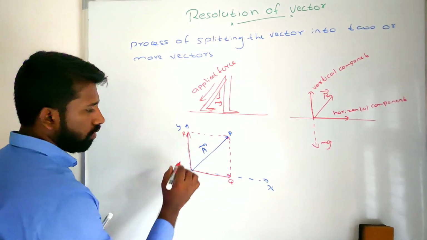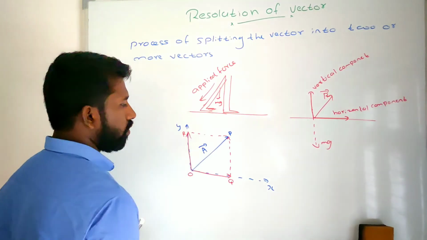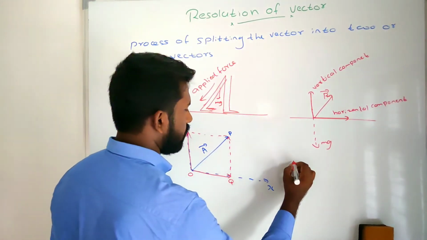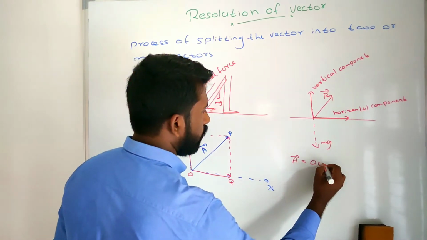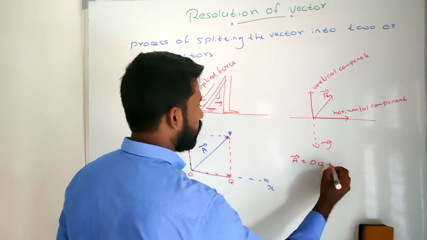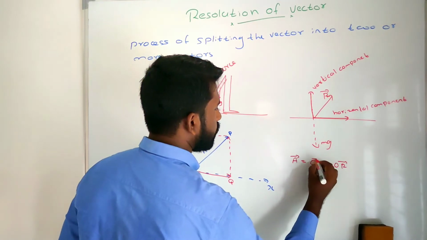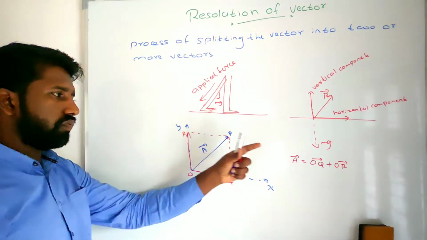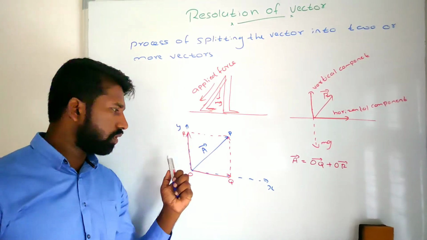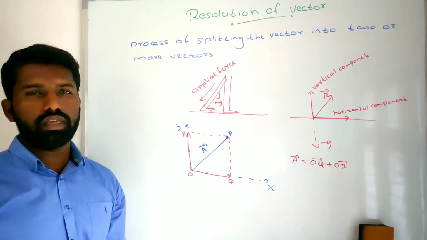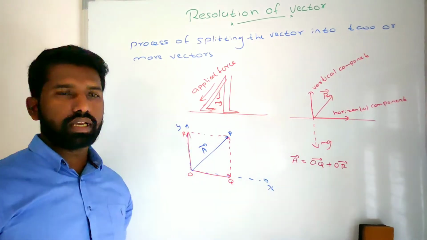Based on the parallelogram law of vector addition, I can say that A vector is equal to OQ vector plus OR vector. What about OQ? OQ is a horizontal component and is acting along the x-axis.